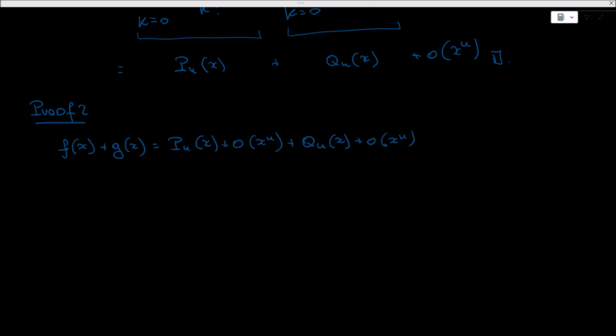And because of the properties of the little o, we know that this is Pn of x plus Qn of x plus little o of x to the n, which concludes the proof.